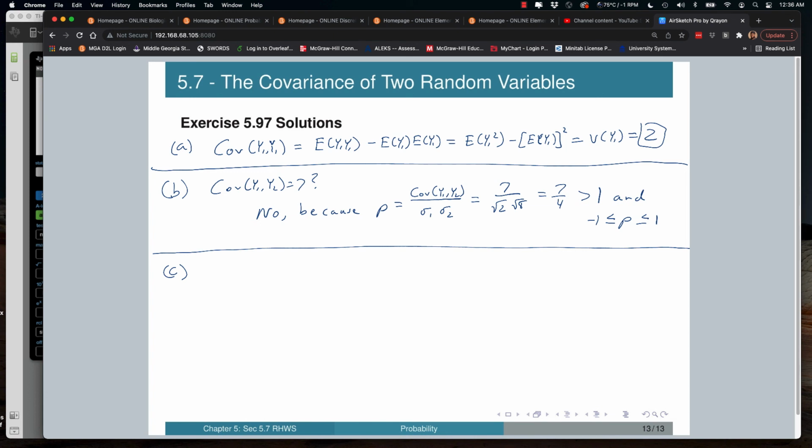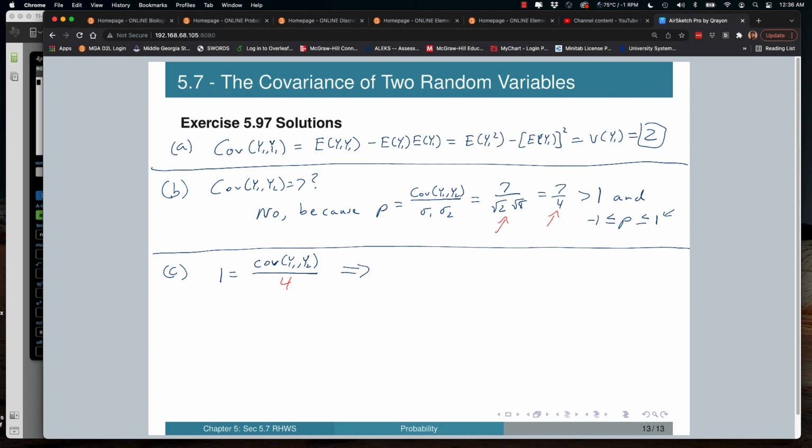Well, since the largest value that rho can take on is +1, if we take the covariance formula and say 1 equals the covariance of y sub 1, y sub 2 divided by, we kind of already see that in the previous problem that sigma 1 times sigma 2 turned out to be 4. So I'm just going to put a 4 down here. All right.